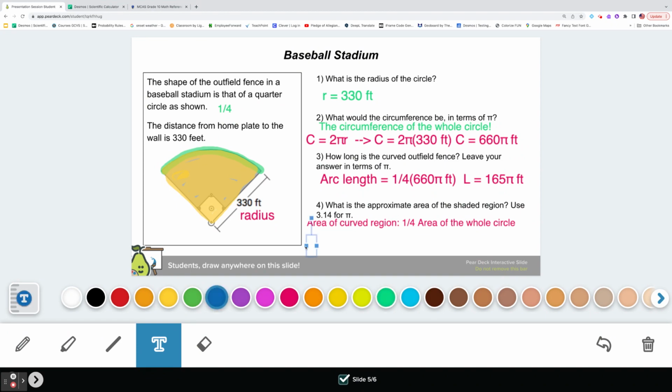Let's start with the formula for the area of a circle. A equals pi r squared. Now let's go ahead and substitute in the value for the radius.